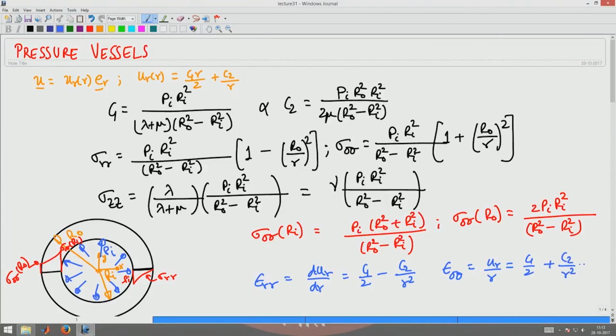From these expressions you can compute the strains also, because you know what u of r is. Now, we will proceed further and see what happens when the boundary condition changes and what are the various variations in this problem that we can study.